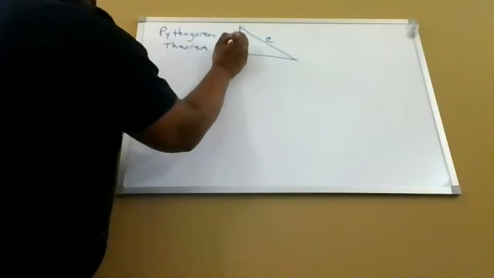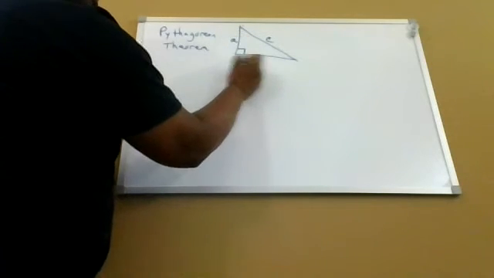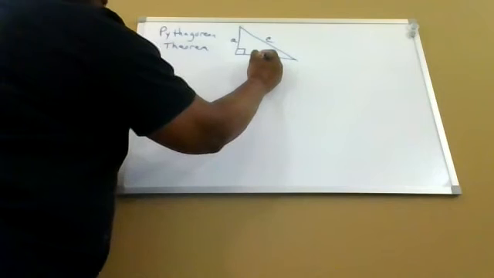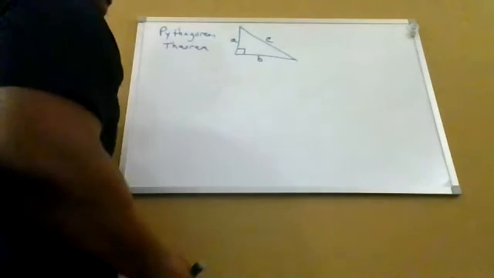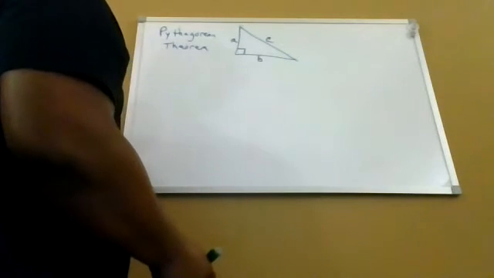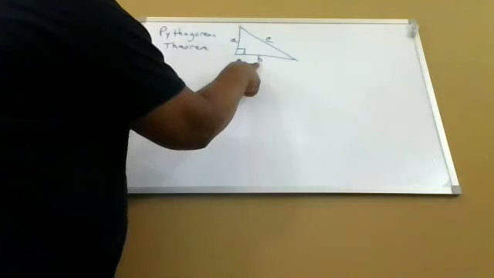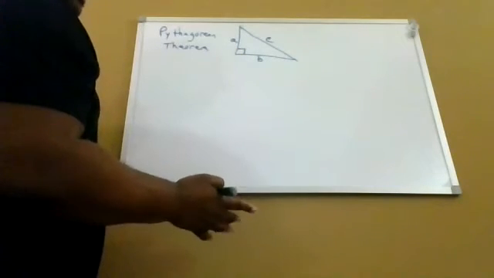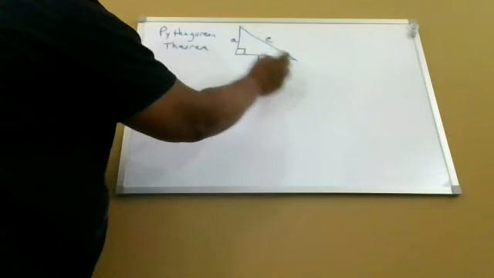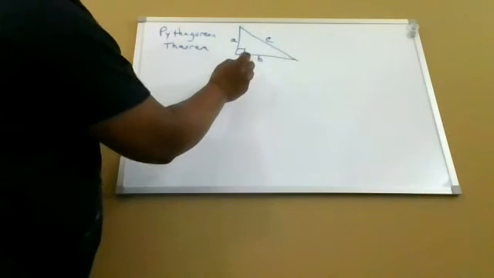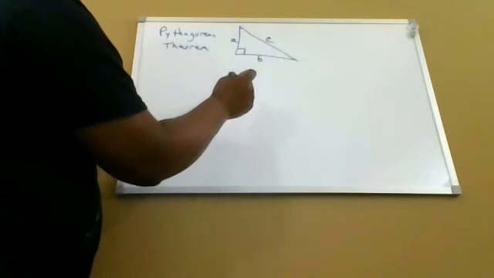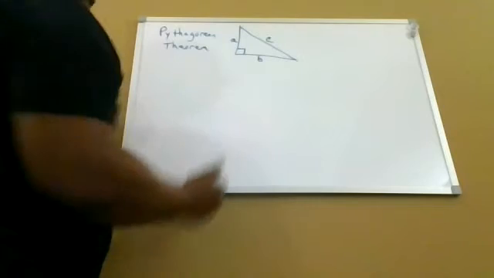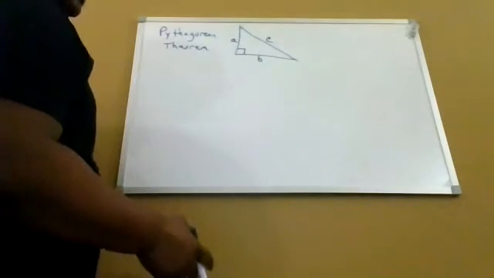This leg here, let's just call this A. And then this side, we're going to call this B. I could have easily had this labeled A and this labeled B. But what's important is we have the longest side of the triangle labeled as C, and that's called your hypotenuse.